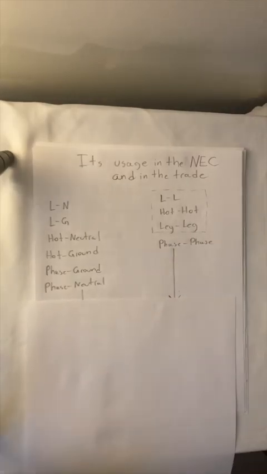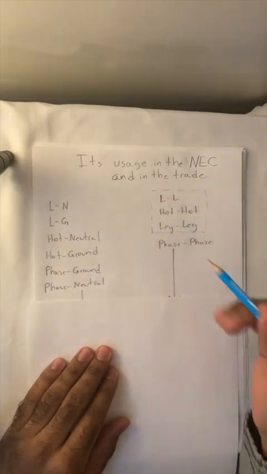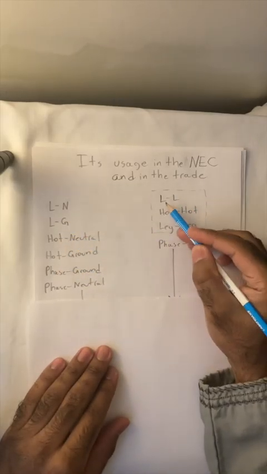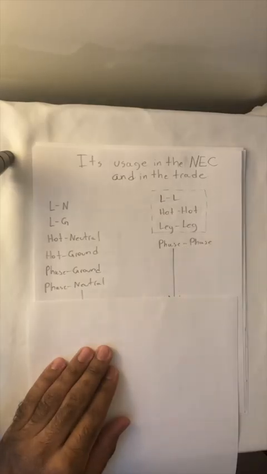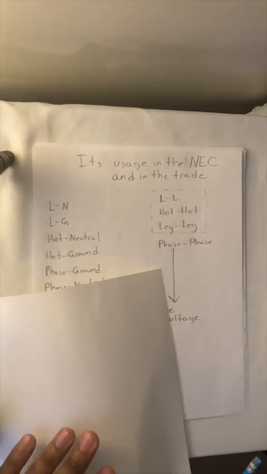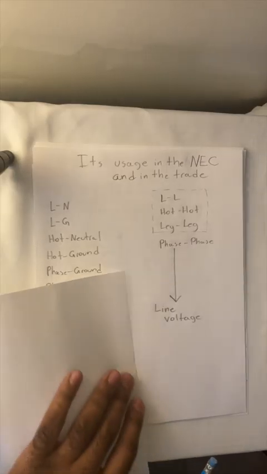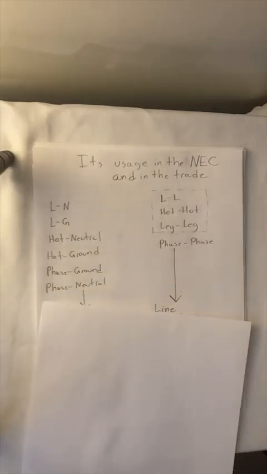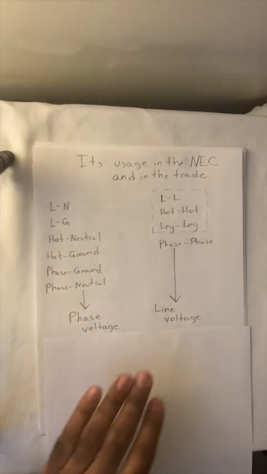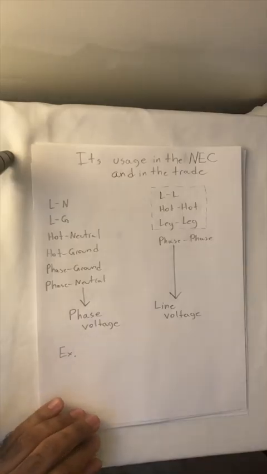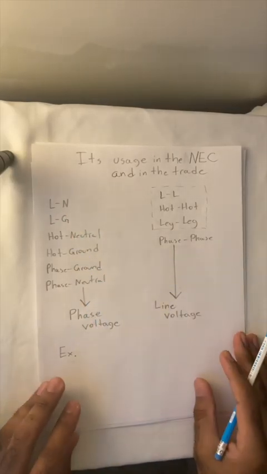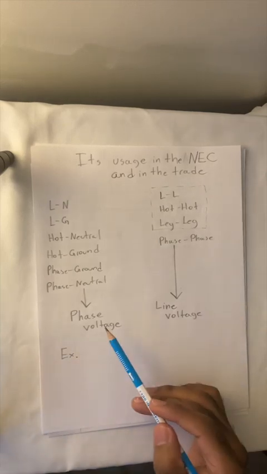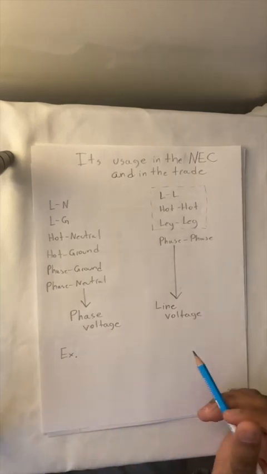Basically, all of these, let's say for instance, line to line, hot to hot, phase to phase, are, if you will, synonyms for line voltage. All of these are basically synonyms for phase voltage.